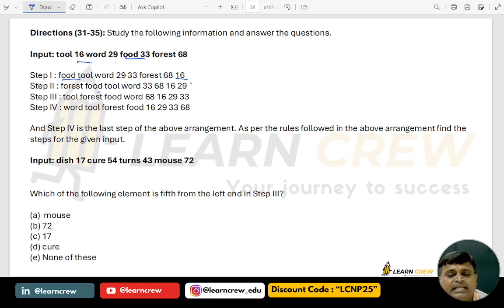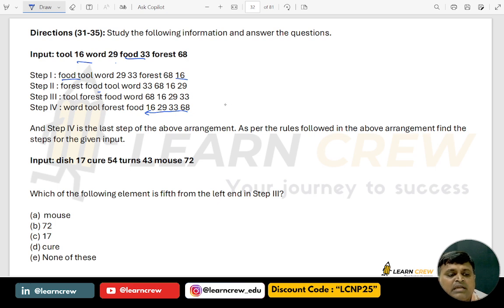The words are arranged in reverse alphabetical order as they appear in the dictionary from the left hand in the last step, such that food will be arranged in the first step, then forest in step 2, and numbers are arranged in decreasing order from the right hand.